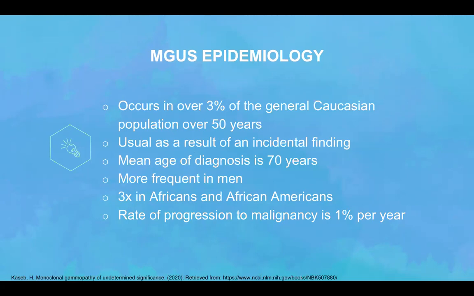The mean age at discovery is around 70 years, and it's more frequent in men than in women, and more frequent in African Americans than in the Caucasian population. Also, it's important to note that the rate of progression to malignancy, to multiple myeloma, is 1% per year, and this percentage is not going to be lower, it's going to increase over the years.